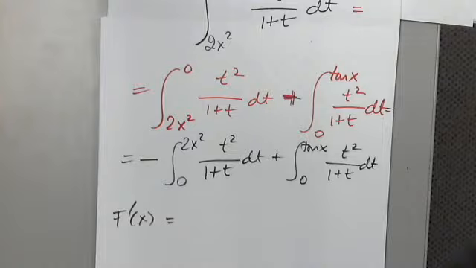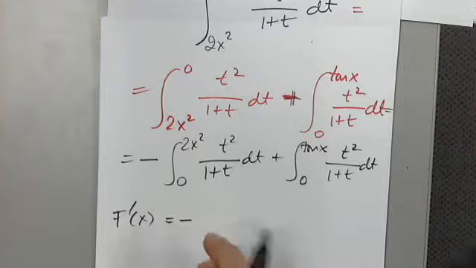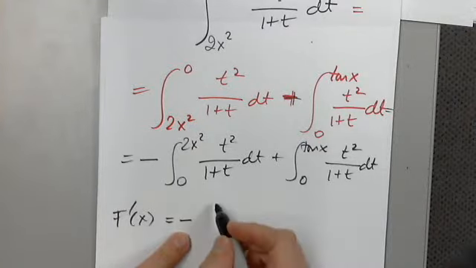So can anyone tell us the derivative of this? How does it look? The negative 2t to the fourth over 2.